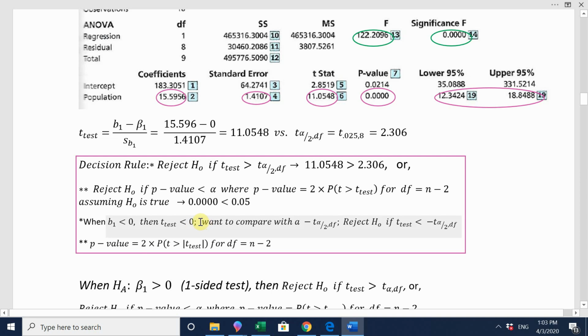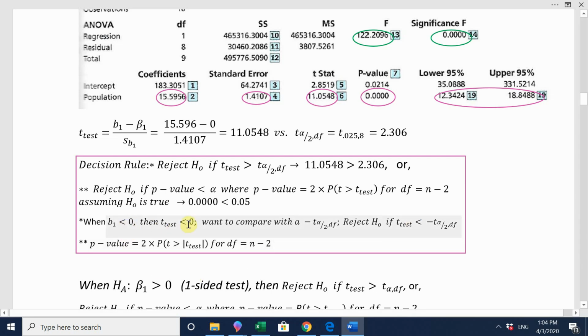The way we compare our test statistic to our critical value is different here. The test statistic should be negative, because here we are assuming that our sample slope is negative. We're basing ourselves on a negative sample slope, b1.